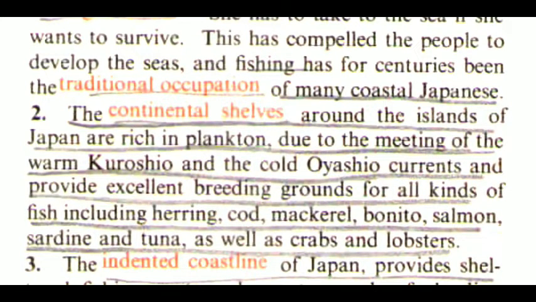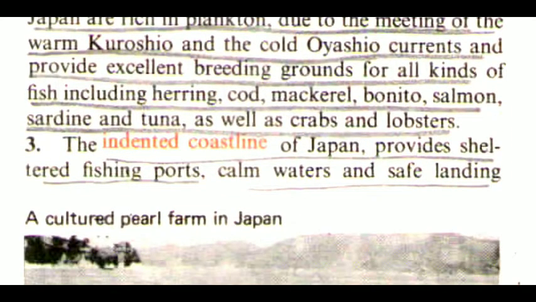Second one, the continental shelves around the islands of Japan are rich in plankton due to the meeting of the warm Kuroshio and the cold Oyashio currents, and provide excellent breeding grounds for all kinds of fish including herring, cod, mackerel, bonito, salmon, sardine, and tuna, as well as crabs and lobsters.